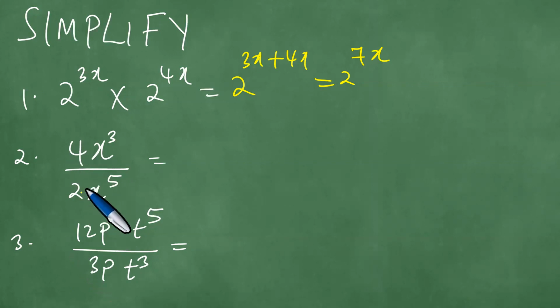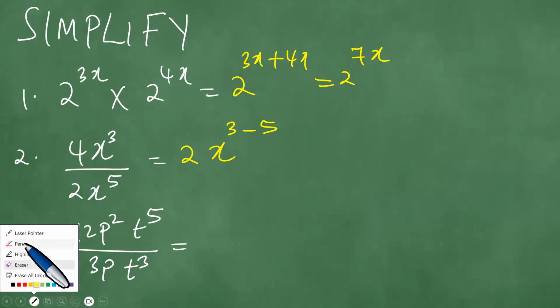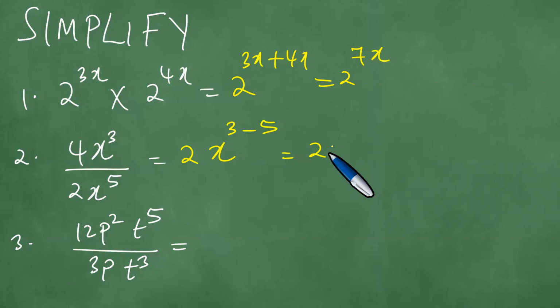What is 4 divided by 2? 2. And then now you subtract the exponents, it's going to be 3 minus 5, because you subtract the bottom one from the top one. What's the answer now? 2x to the power of minus 2.